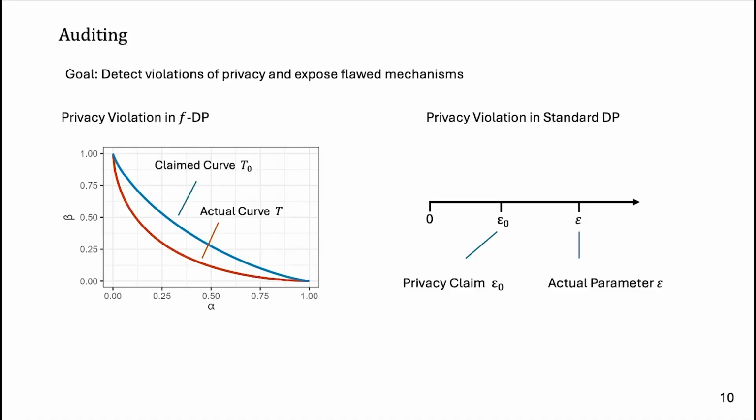We can again observe that there is a visible discrepancy between the two, and the plot to our left provides us with an idea on how to audit this privacy claim T0. We could use our estimator from before to get an estimate of the actual privacy level T and compare this estimate against the privacy claim T0 in order to see whether there is a visible discrepancy between the two, which would point to a privacy violation.